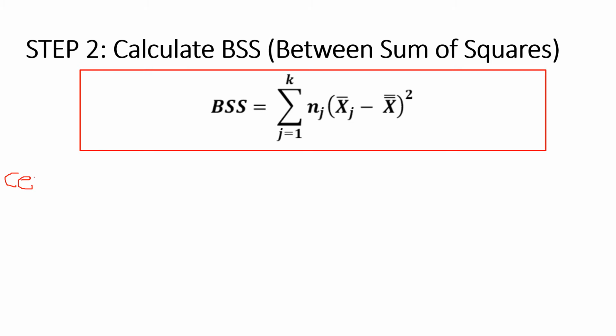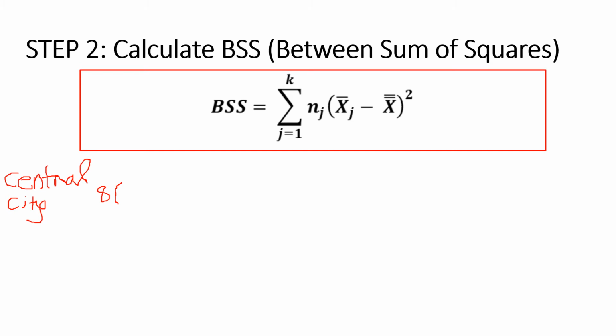Okay, so let's work through an example. Central City, we've got 8 observations times our first sample mean.